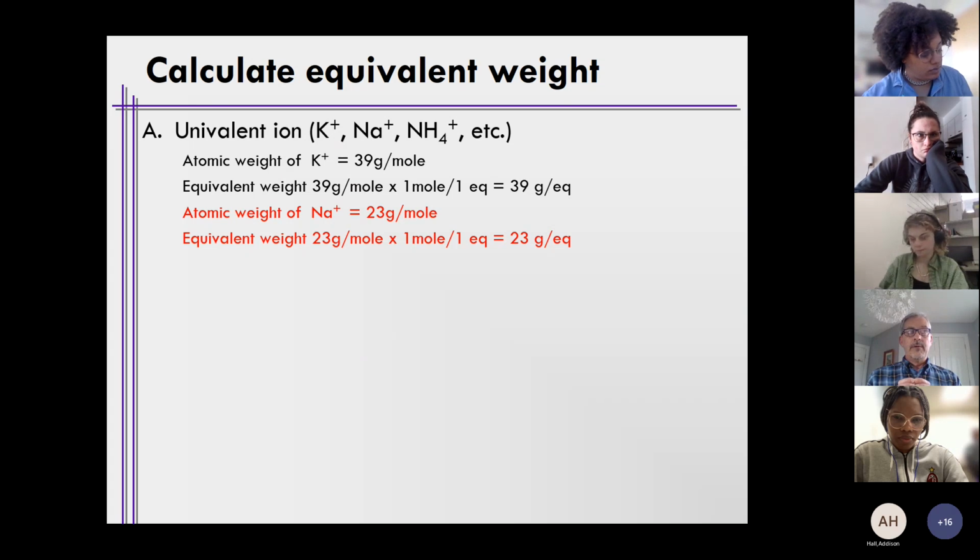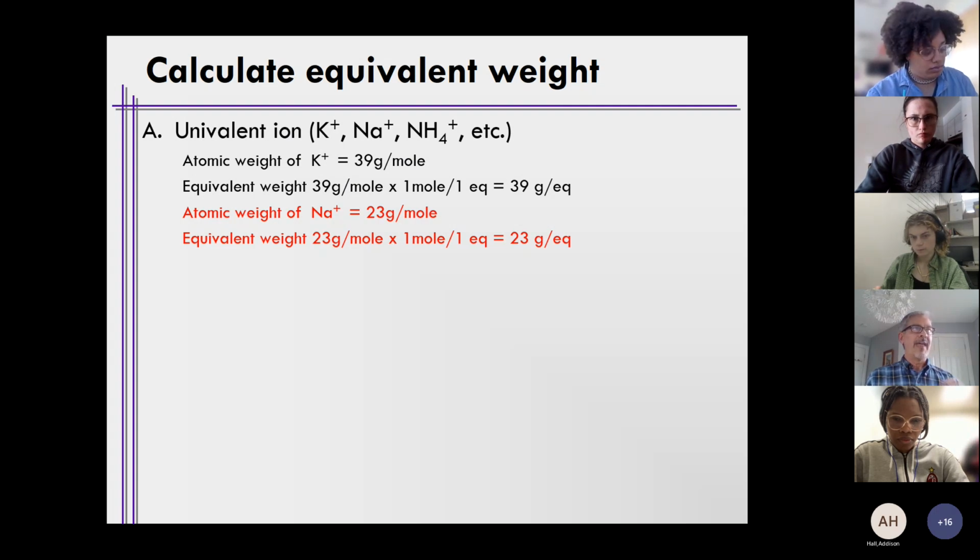So each ion is equivalent to one another simply by taking the molecular weight divided by the charge of that ion. So this is what we do when we determine CEC. When we have univalent ions, like potassium, sodium, ammonium, we take the atomic weight divided by the charge.